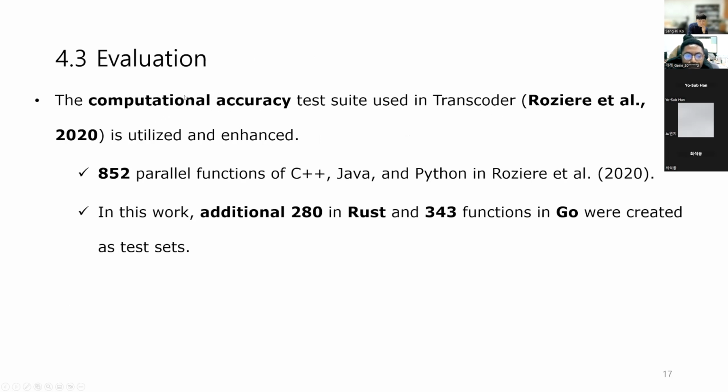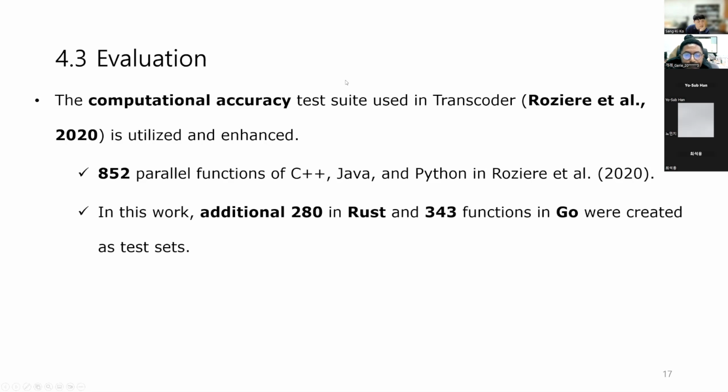For audiences who didn't know about computational accuracy, it means we take the target programming language source codes, the translated source codes, and we prepare corresponding unit tests for every translation.